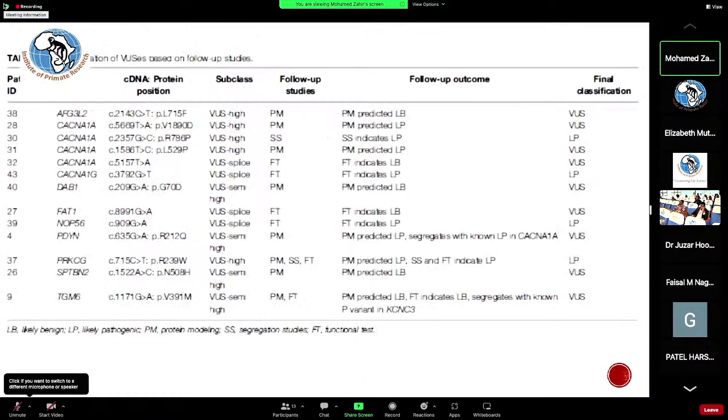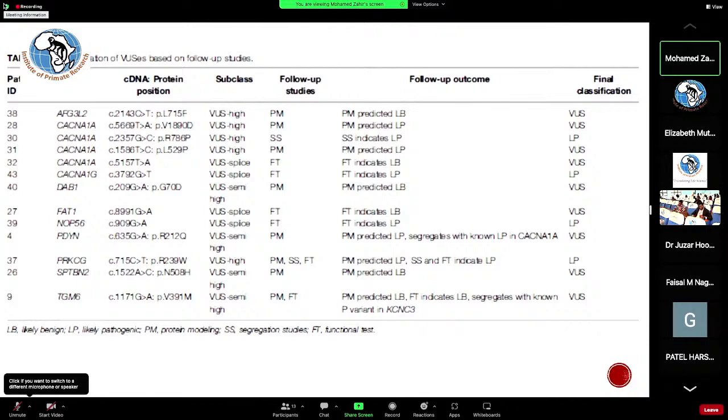So collectively, utilizing protein modeling, splicing assays, functional testing using cellular assays, as well as family information, we were able to identify certain mutations which will benefit from reclassification from a variant of unknown significance into a likely pathogenic or pathogenic.